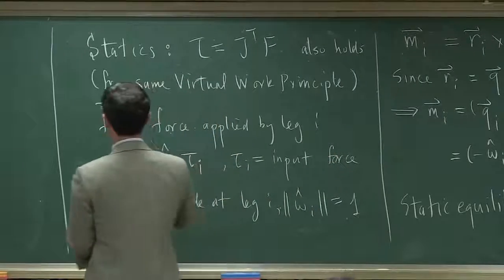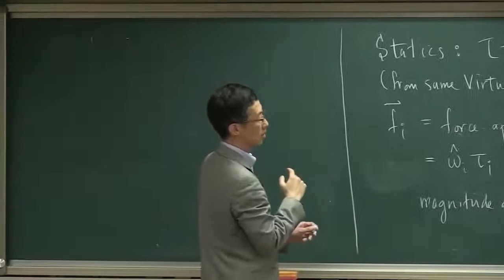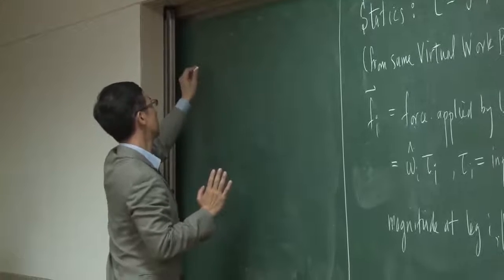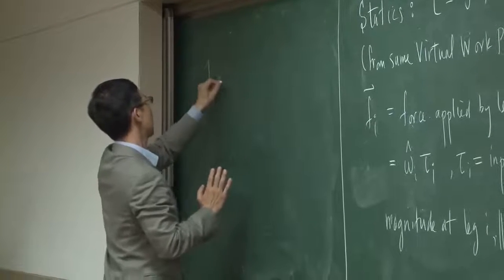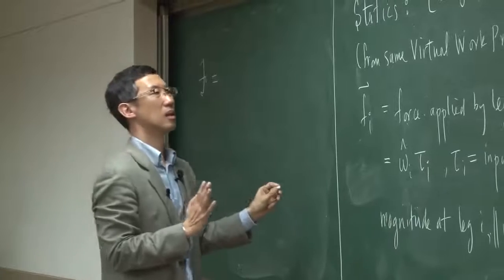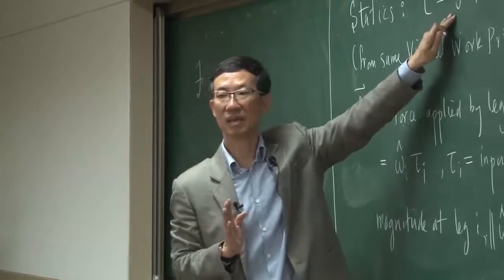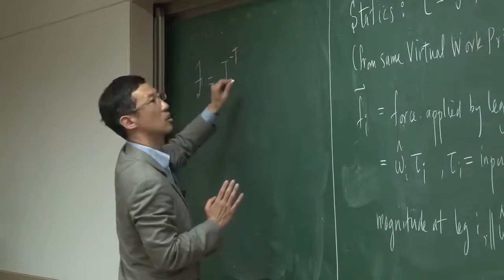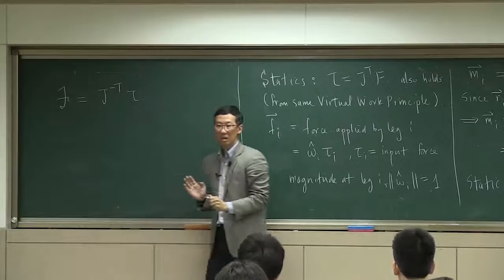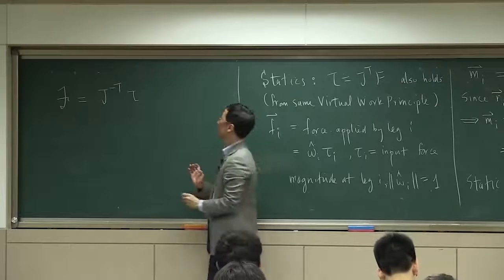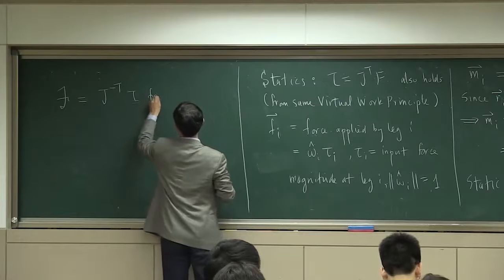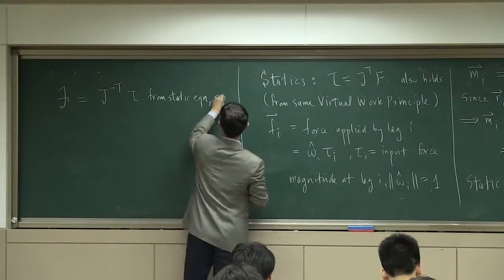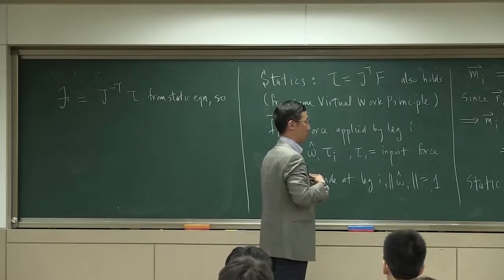So what I've written there is essentially F is equal to, now in this case this is 6 by 6, F is equal to J inverse transpose tau, from our static equation. So what do we know?